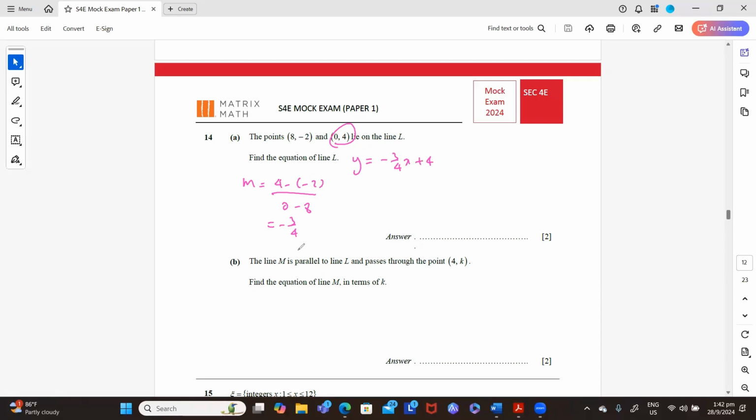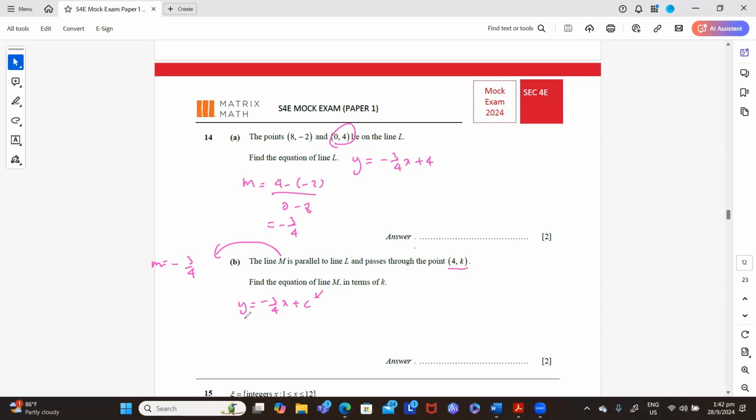Okay, part B, there's a line M that's parallel to line L, which means the gradient of line M should also be minus 3 over 4. And it passes through the point (4, k). So find the equation of the line M in terms of k. So right now y equals minus 3 over 4 x plus c. We just have to find c in terms of k.